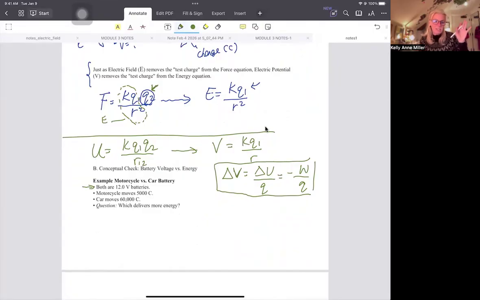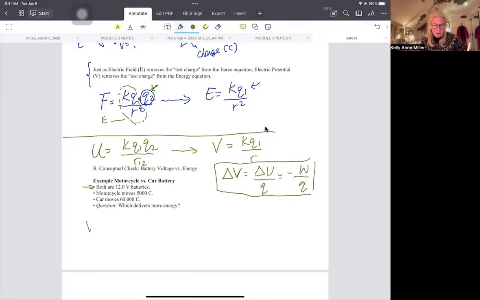Let's look at this example of a car battery versus a motorcycle battery. You could have a 12-volt car battery, and you could also have a 12-volt motorcycle battery. But the car battery has a lot more energy because it has the ability to move a lot more charge. I think this illustrates it quite well.